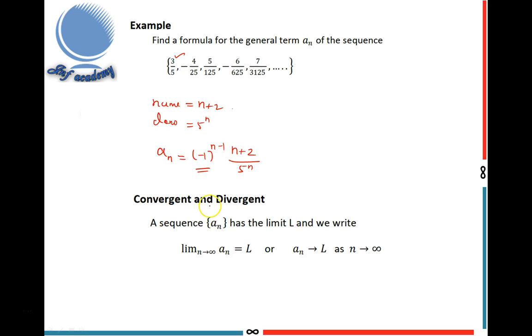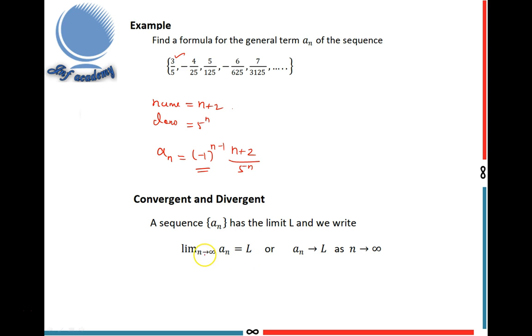The next definition is convergent and divergent of a sequence. A sequence, the set of all an, has the limit L, and we write limit n tends to infinity an equals L, or an tends to L as n tends to infinity. That means we can make the terms an as close to L as we like by taking n sufficiently large.